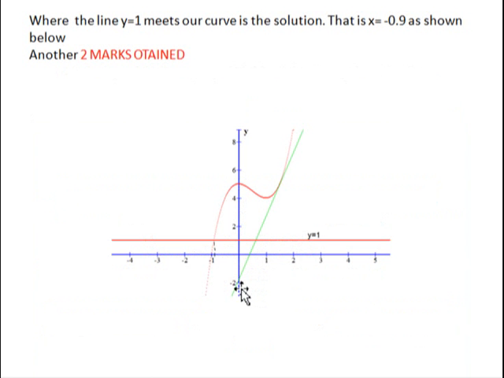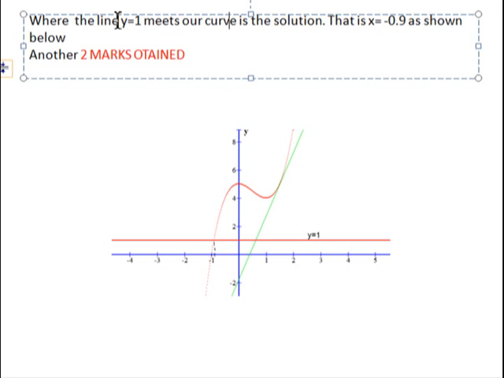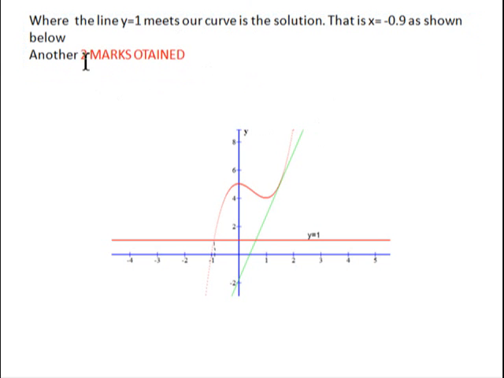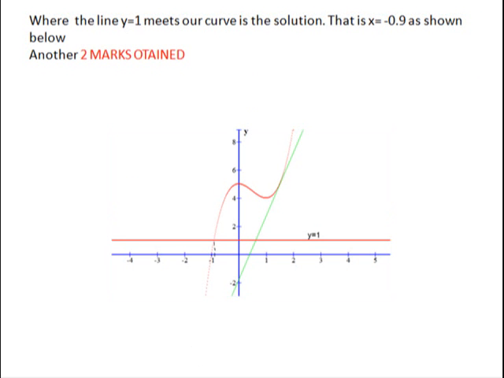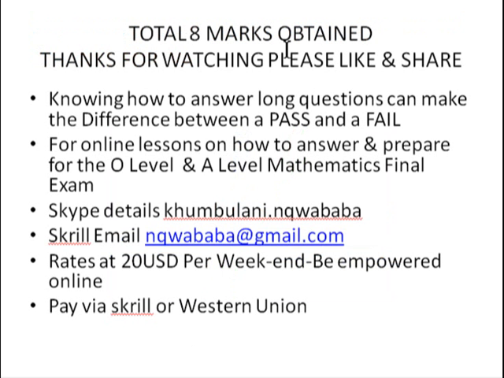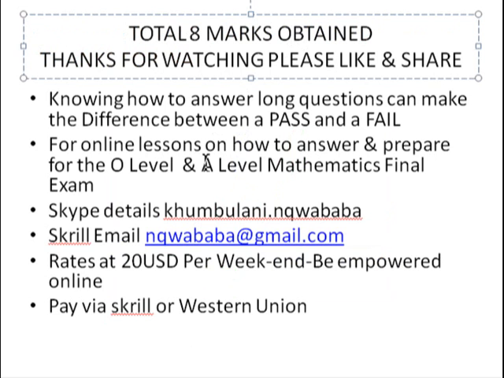Next, if we draw the line y is equal to 1, where it meets the curve is a solution, that is at x is equal to minus 0.9 as shown below. That right there, guys, will be 2 marks. If you add all those marks, that will be a whopping 8 marks obtained.